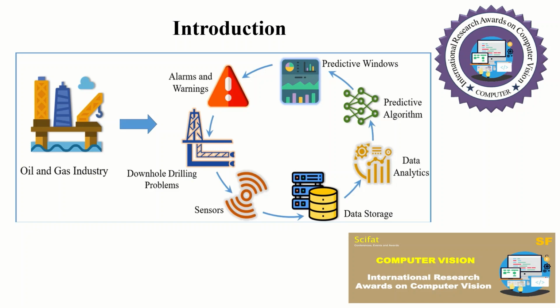The predictive algorithm will help us identify whether there is a possibility of downhole problems, which will be displayed using predictive windows, and adequate alarms or warnings will be given to the engineers working on the premises. Using these warnings, the person in charge can easily deflect or create different scenarios which will not cause these downhole problems.